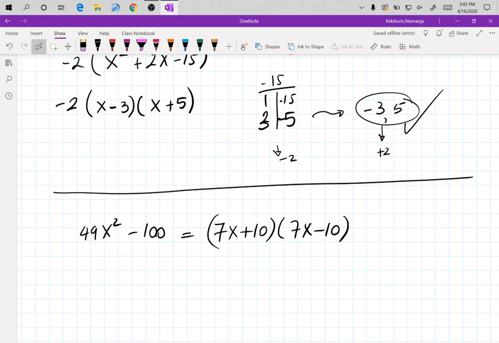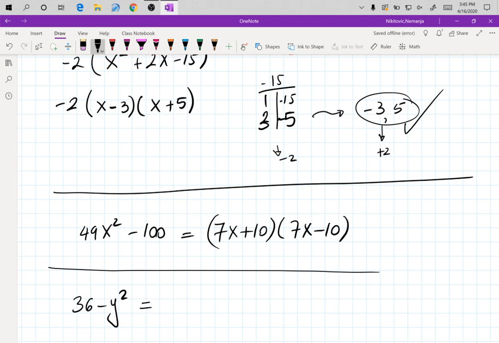Let's find one in a textbook. 36 minus y squared. Square root of 36 is 6, minus, square root of y squared is y, and then you put this next one with plus. It doesn't matter whether your first or second parenthesis has a plus, whatever.